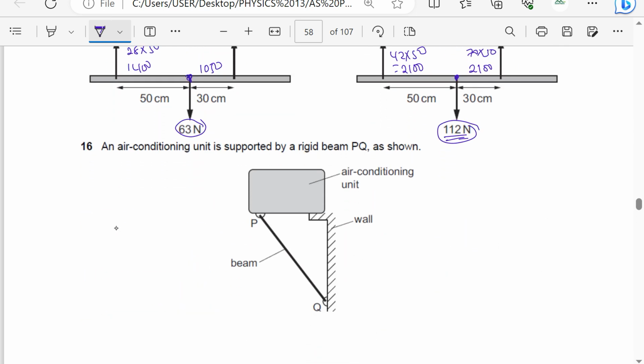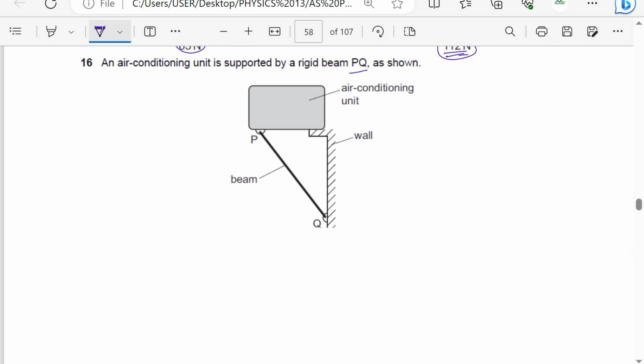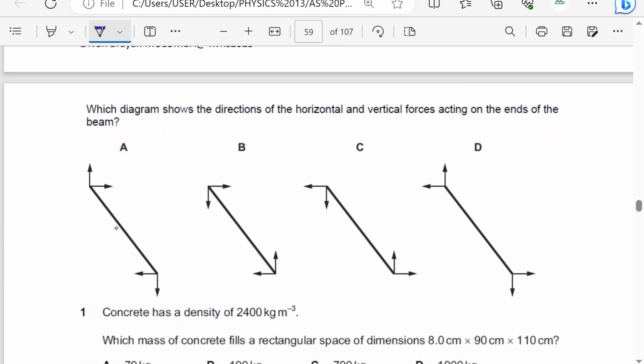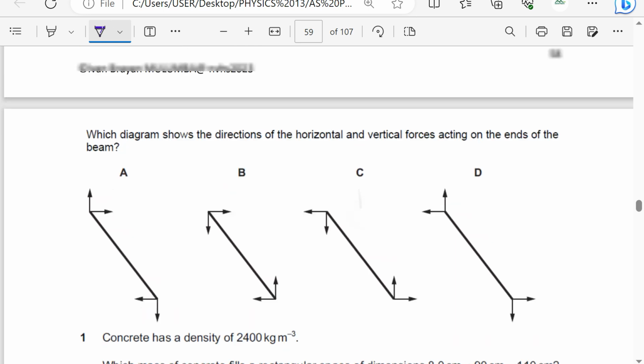An air conditioning unit is supported by a rigid beam PQ as shown. Which diagram shows the directions of the horizontal and vertical forces acting on the ends of the beam? Okay.